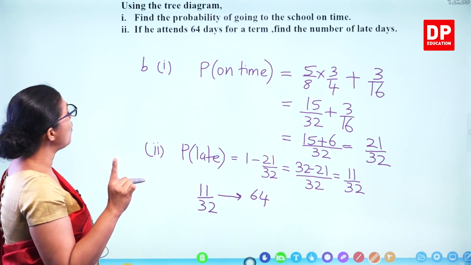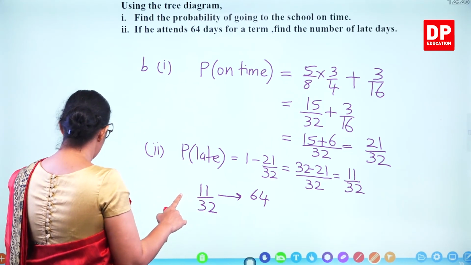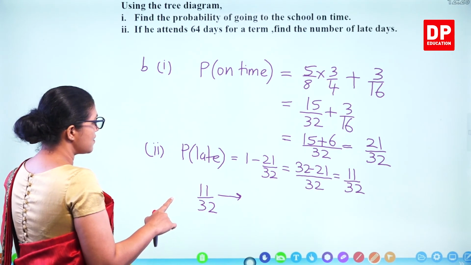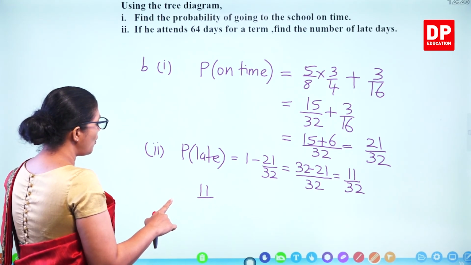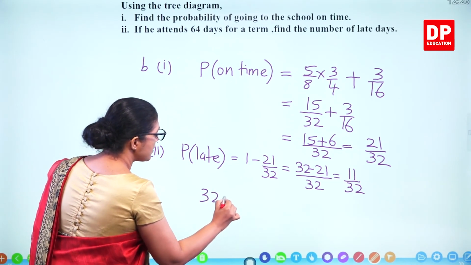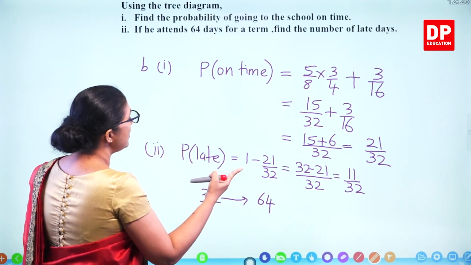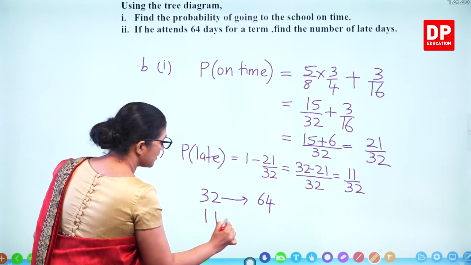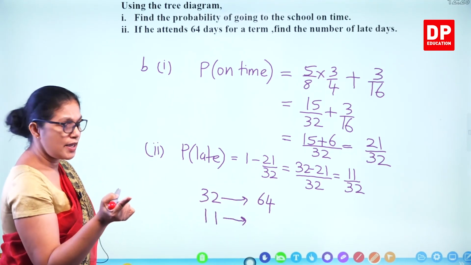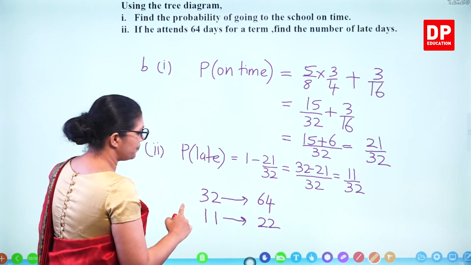So 64 is the total. That's 32 parts. 32 parts means 64, and we need to find 11 parts. 32 becomes 64 by multiplying by 2, so multiplied by 2, this becomes 22.